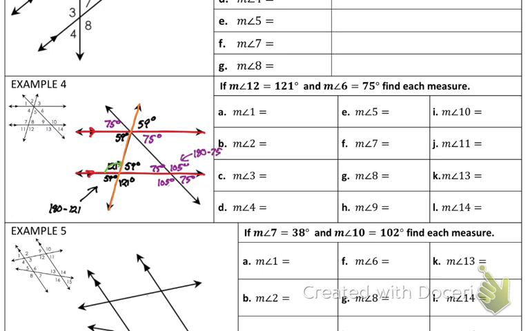This one has 1 twist in it. I still have to find these 2 missing angles. And the way you're going to find those 2 missing angles in this example is, what's the degree measure of a straight line? So to get from here to here is 180 degrees, right? So this angle plus this angle plus this angle equals 180.